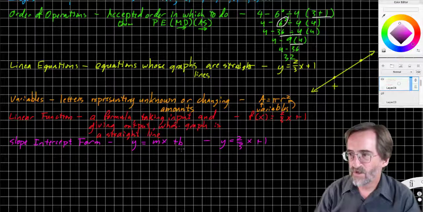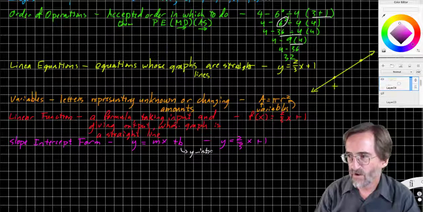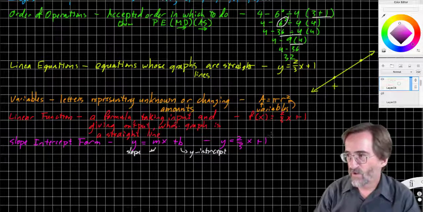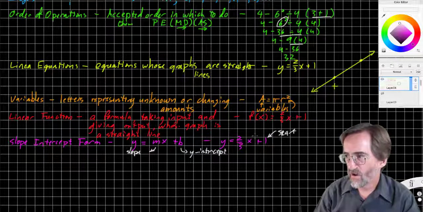Okay, b is known as the y-intercept. M is known as the slope. When we graph, we start with the 1, and then we go up 2 and right 3.